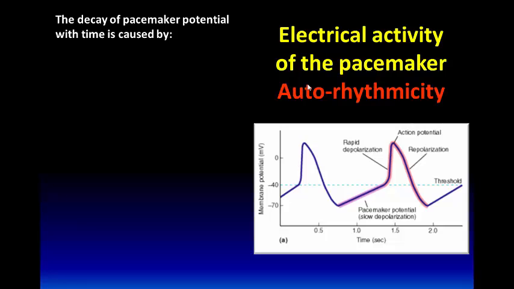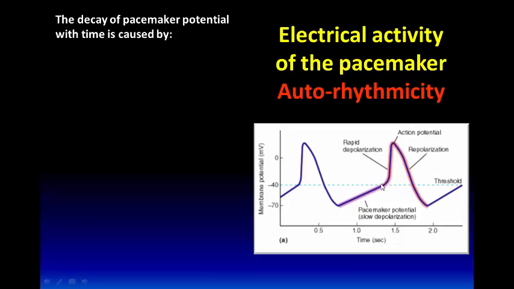The autorhythmicity, the ability of the sinoatrial nodal cells to generate the electrical impulses, the action potentials, spontaneously, lies in this unstable membrane potential of the nodal cells. So there is a decay of the pacemaker potential with time. With time, the voltage across the nodal cells, which was originally negative 60 millivolts, becomes less and less negative, and it reaches threshold.